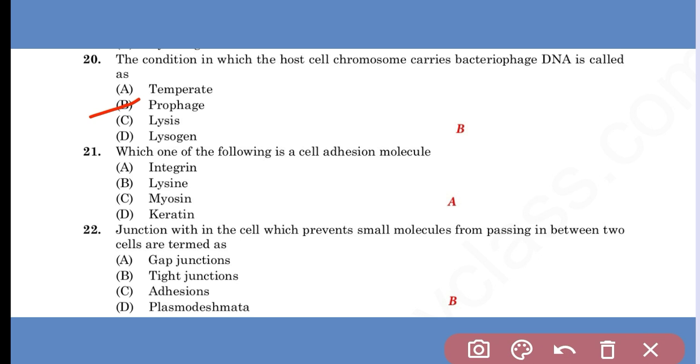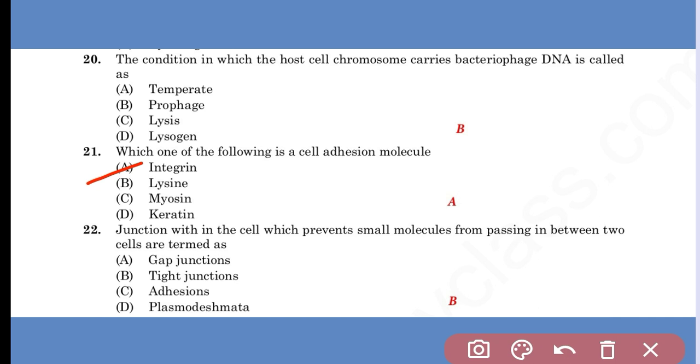Then the next question, which one of the following is a cell adhesion molecule? The answer is option A, integrin. Integrins are transmembrane receptors that facilitate cell to cell and cell to extracellular matrix adhesion. Most integrins are connected to bundles of actin filaments.